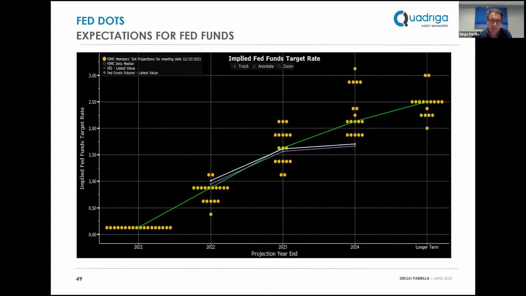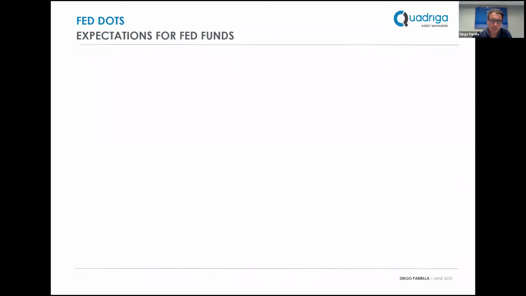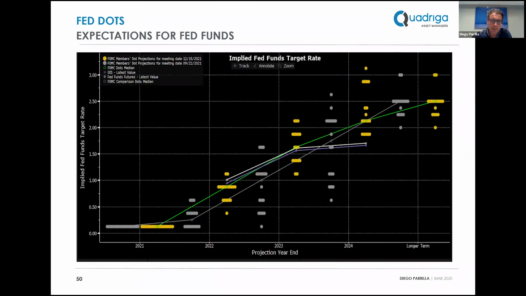This is the latest plot. Interestingly, as we'll see, relative to the previous one, there's been a pretty notable convergence in terms of the views, and no change in the long dates, but an acceleration of perhaps the consensus move much higher in terms of the hikes into the next year and beyond.